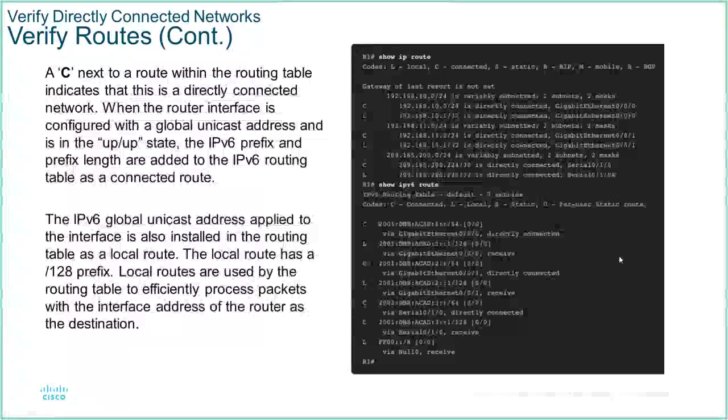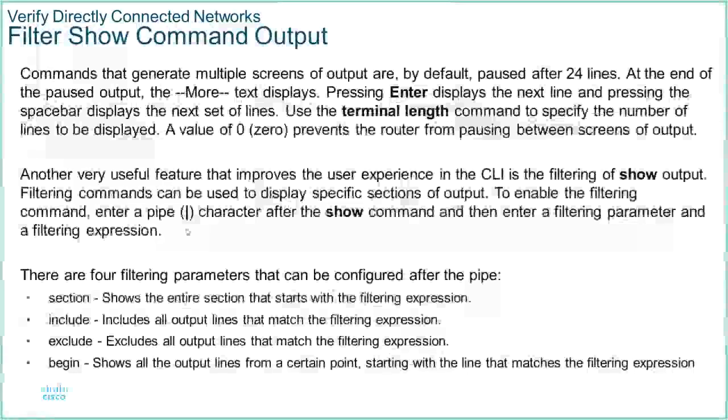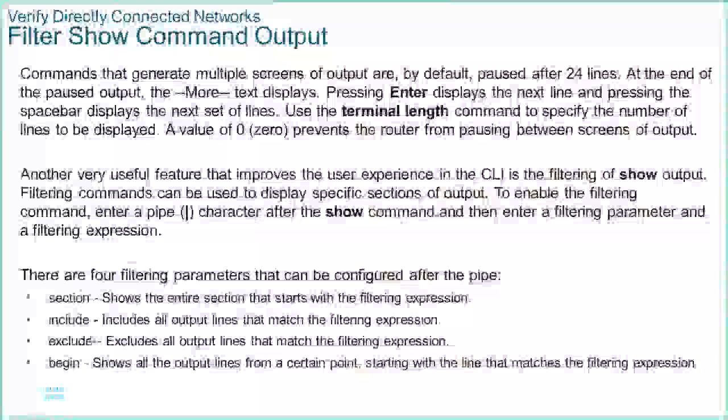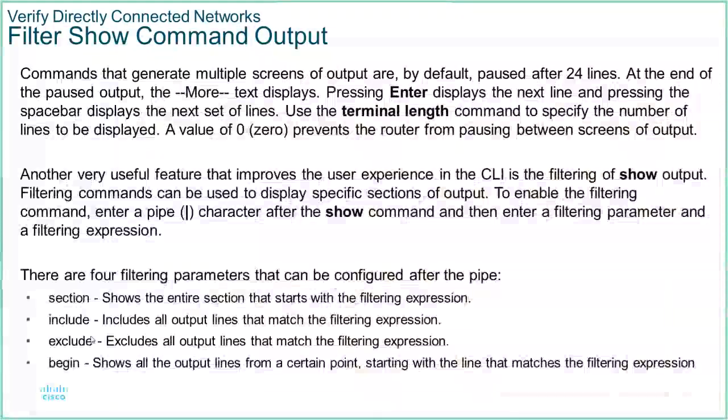You can filter command outputs by putting in parameters after the pipe character, which is the shift key and the backslash, which is generally above your enter key. Parameters include, exclude, and begin. These filtering parameters become useful in larger config files.